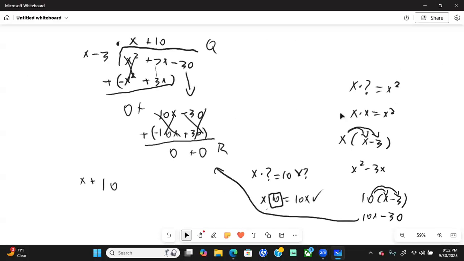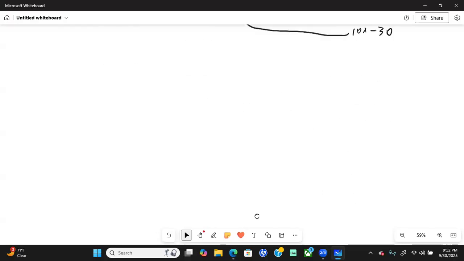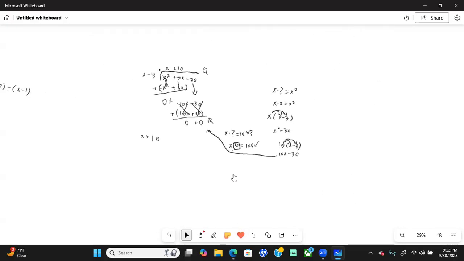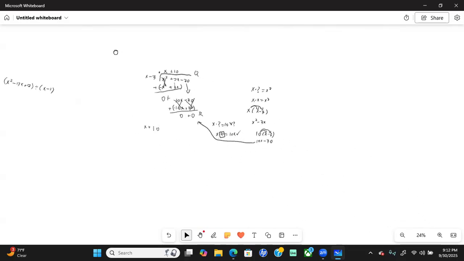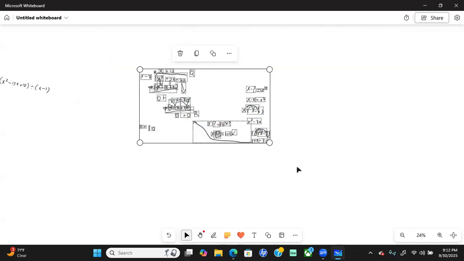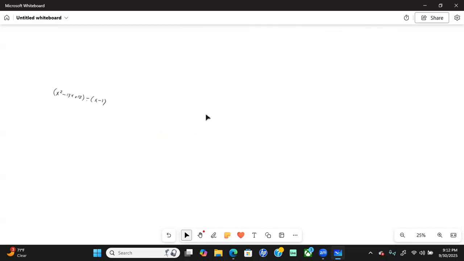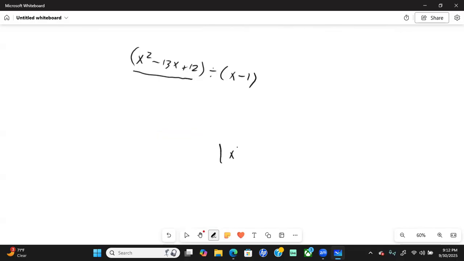Okay, let's do one more example. So we'll get rid of all of this. And then we'll do this. So I'm just going to go straight to the point. This goes under x squared minus 13x plus 12 divided by x minus 1.